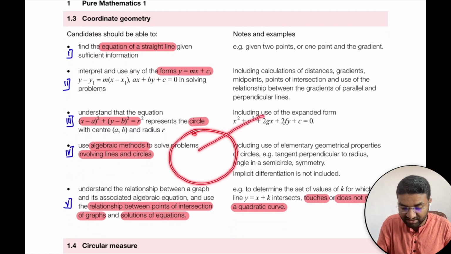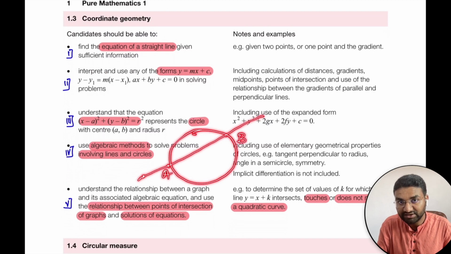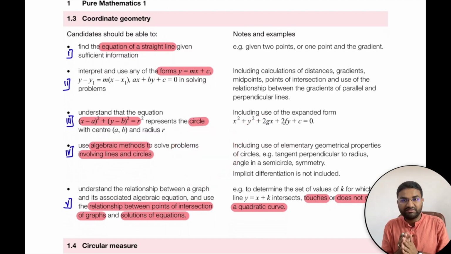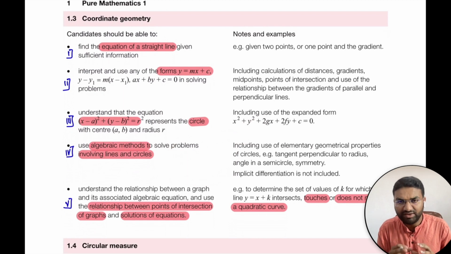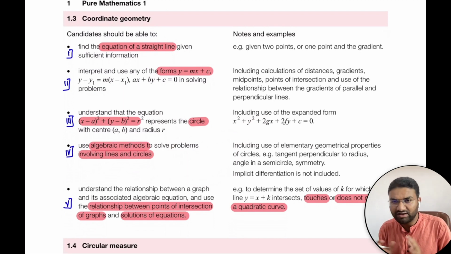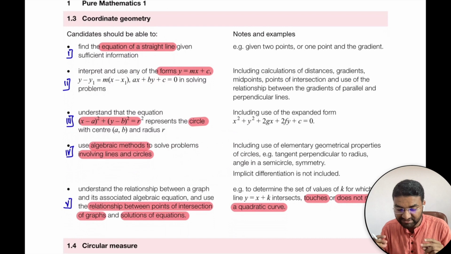Suppose the line intersects the circle, then we have to find the points A and B. How we can find A and B, we understand in our regular batches as well. Then the relation between the points of intersection of the graphs and the solutions of the graphs.